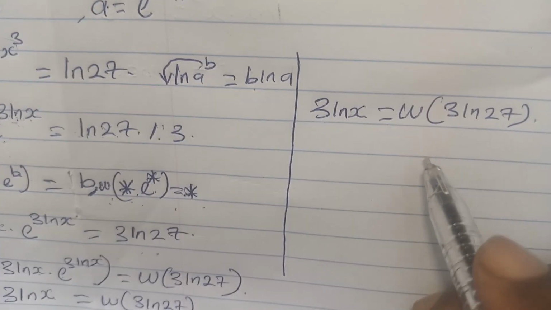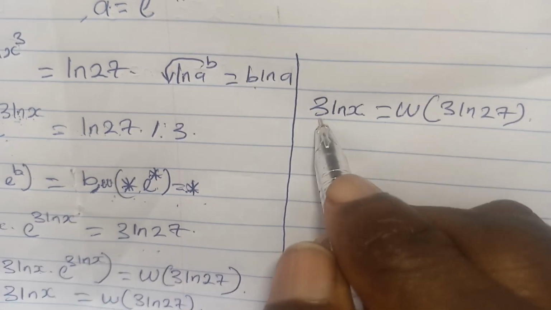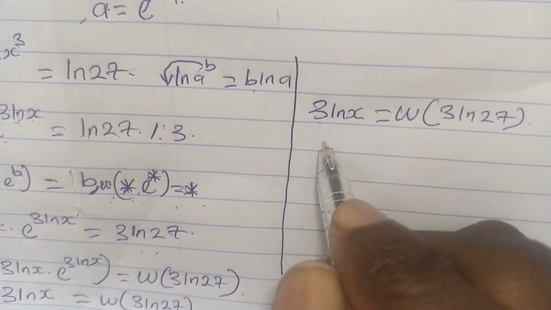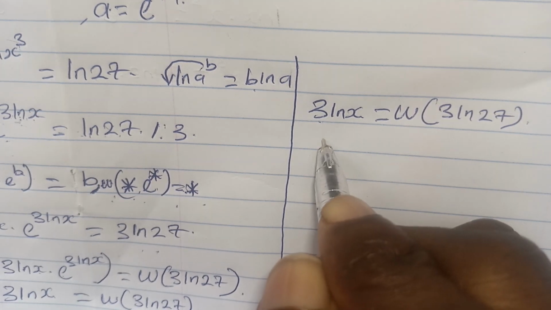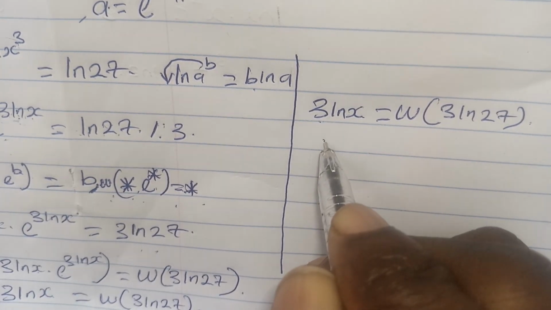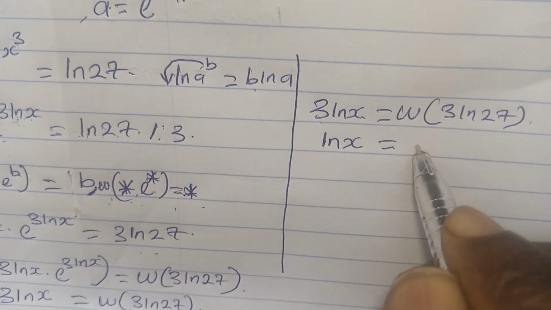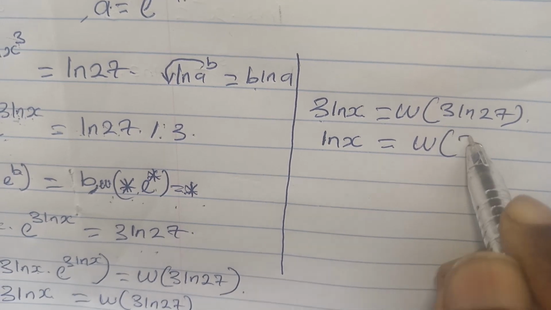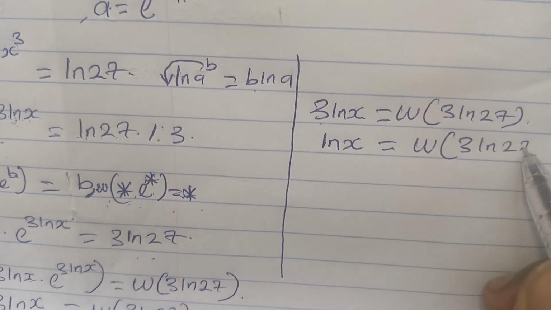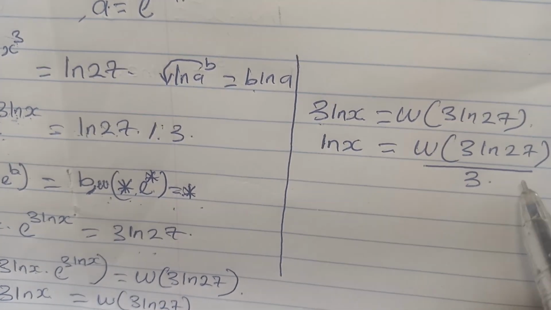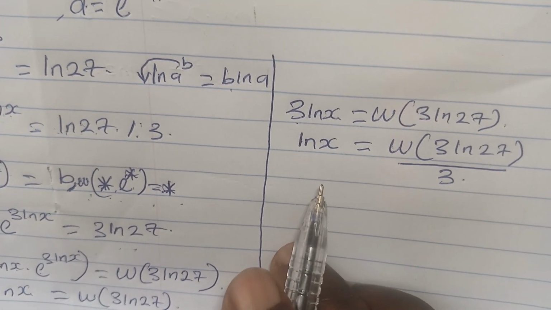Okay, so if we want to look for ln x, we can divide both sides of the equation by 3. So if we divide both sides by 3, we are now having ln x is equal to the Lambert W function of 3 ln 27, divided by 3. Okay, so this is what we are now having.